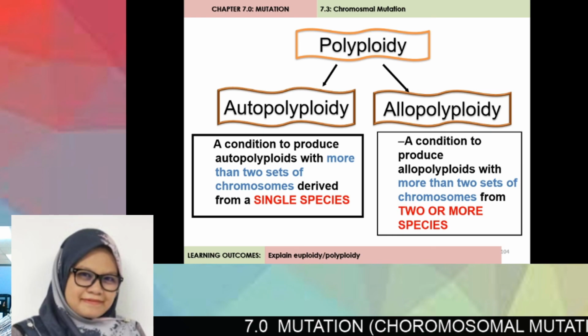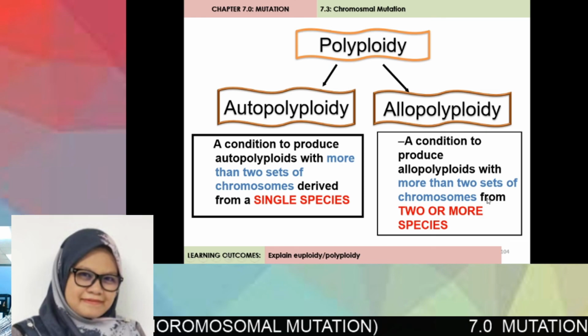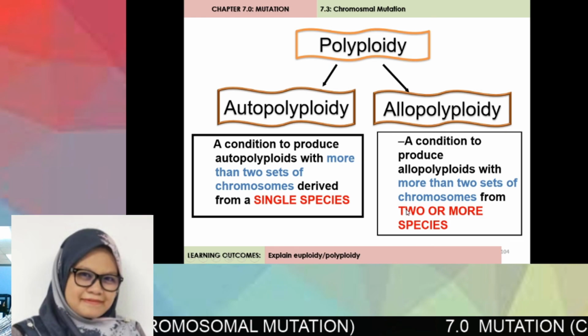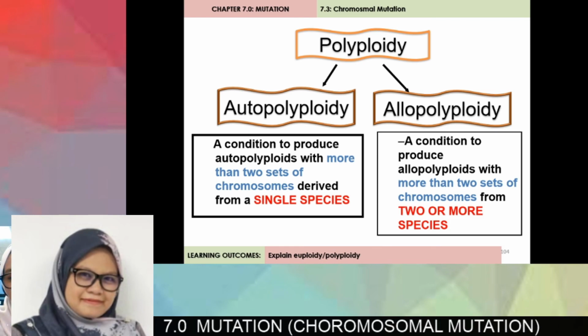Okay, allopolyploidy pula is the condition to produce polyploid involving 2 or more species. Maksudnya the change or the condition produce 2 set of chromosome itu berlaku melibatkan daripada spesies yang berbeza.